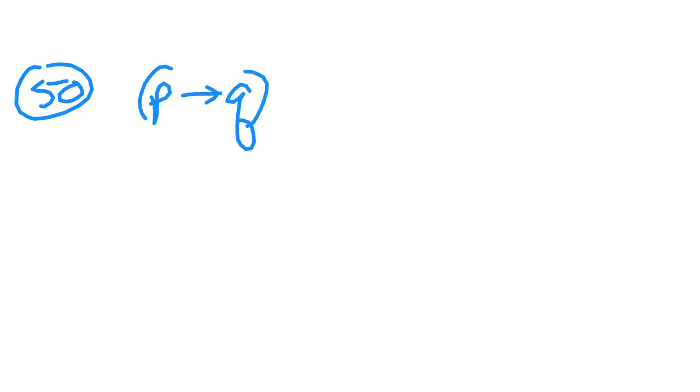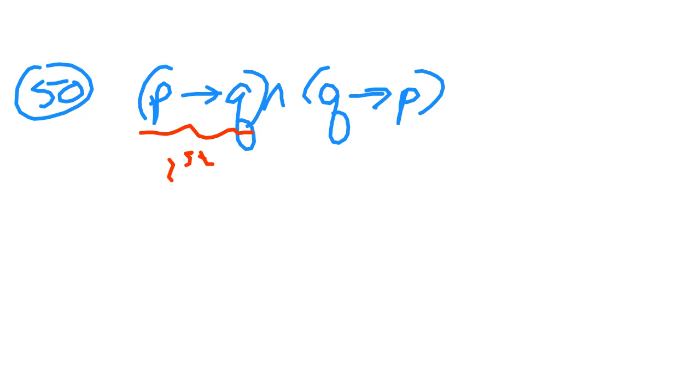I have if P then Q, and I have if Q then P. If I'm going to do this with order of operations, this is what I would do first, this is what I would do second, and then the conjunction is what I would do last. Sorry, I said that wrong. So I've got to figure out the left side, the right side, and then I can take the conjunction of it.